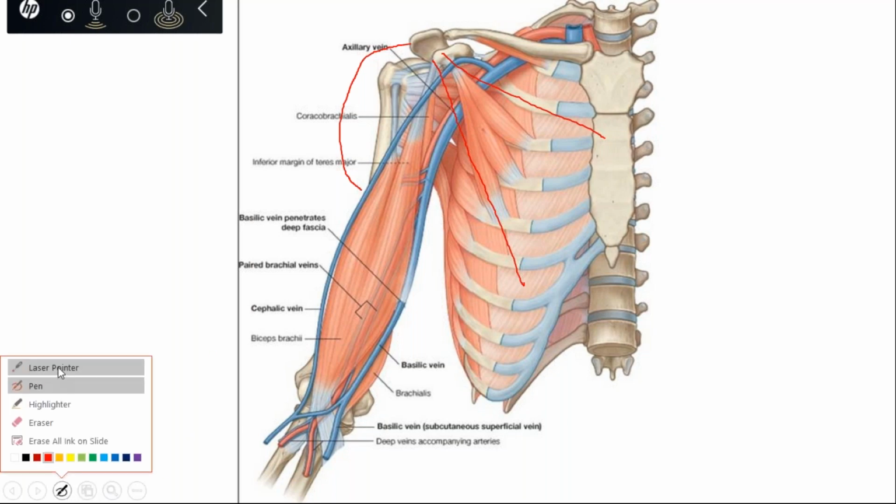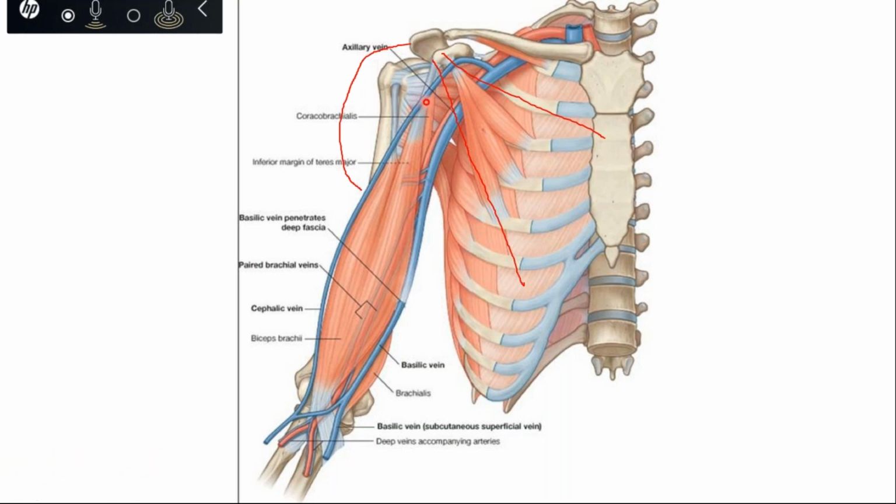It passes between these two muscles, and then it enters below the clavicle. You know the clavicle, so this is the clavicle. It goes below the clavicle, in the infraclavicular fossa. Below the clavicle there is a small depression, and that is the infraclavicular fossa.